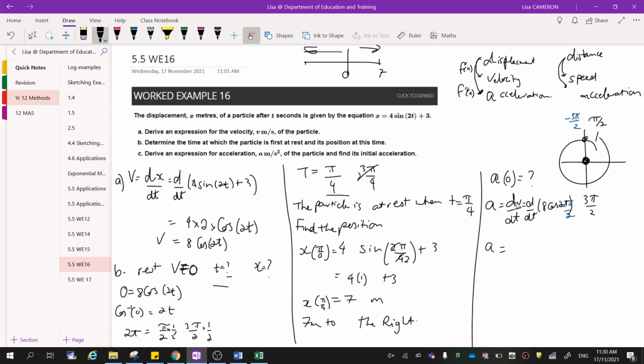So our acceleration is going to be equal to, when I derive 2t, that'll come to the front and I'll end up with 8 times 2 times, cos will change into minus sine, and then I'll be left with 2t in the bracket. So now I've got minus 16 sine 2t.